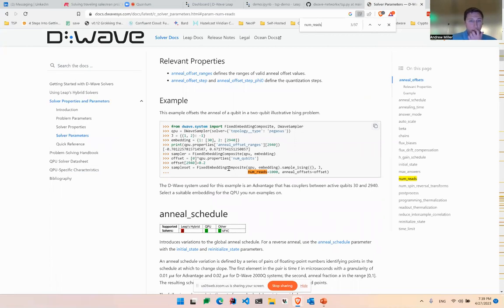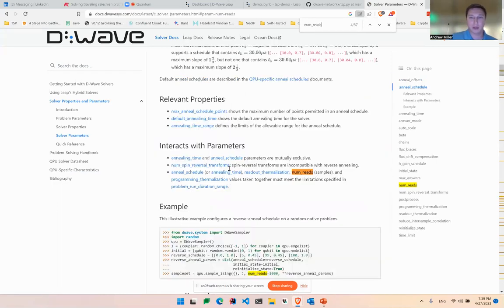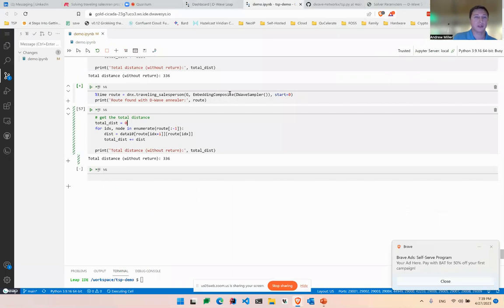Yeah, so you actually pass it into composite, which is basically the thing that converts your graph into BQM. So it would be right here where I would do it. In the embedding composite, I would just add reads and basically get a larger number of reads.